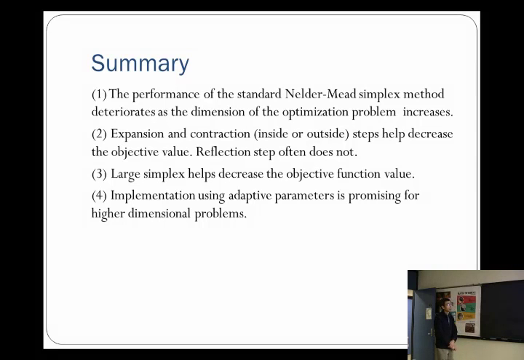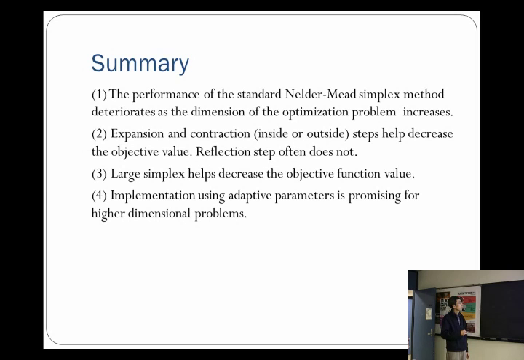I want to summarize what we have done today. We first talked about how the performance of the standard Nelder-Mead simplex method deteriorates as the dimension of the optimization problem increases. We also discussed that expansion and contraction steps decrease the objective value, but not the reflection step.